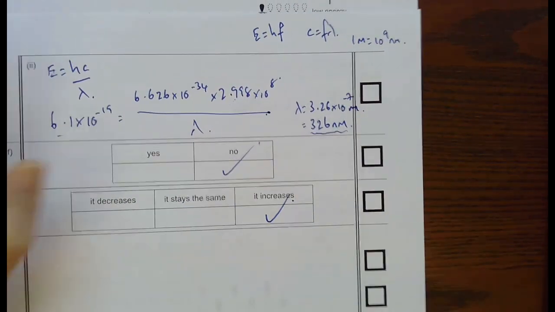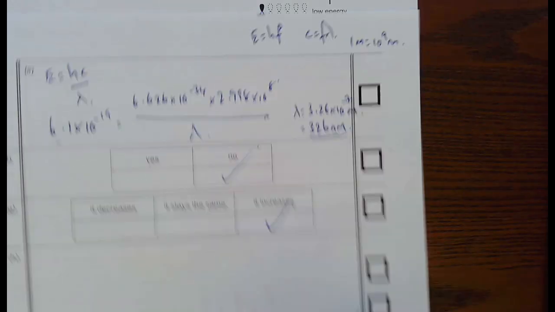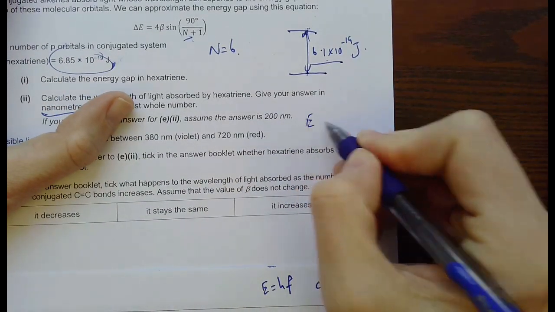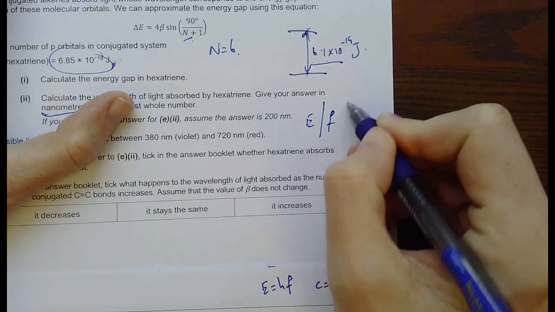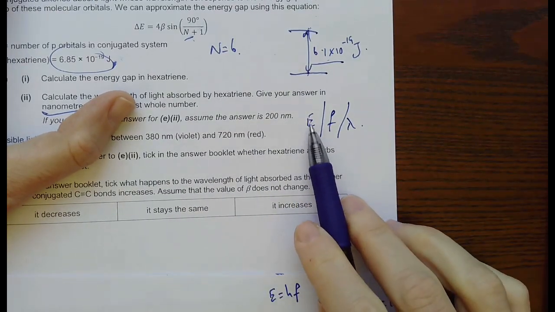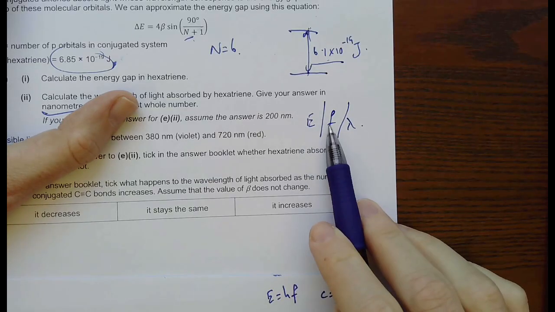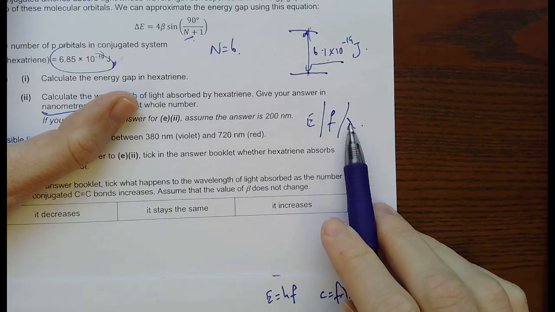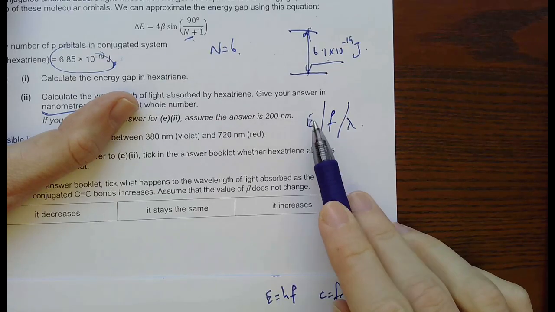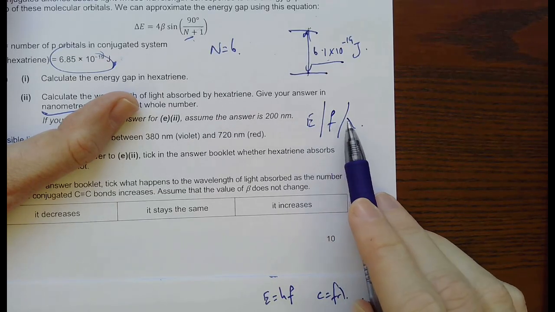And lower energy light is going to have a larger wavelength. So it's very important that you are aware of how the energy, the frequency and the wavelength of light are related to each other. So smaller energy gap, lower frequency, longer wavelength. Which can be a little bit confusing because this number's getting smaller, this number's getting smaller, this number's getting bigger.